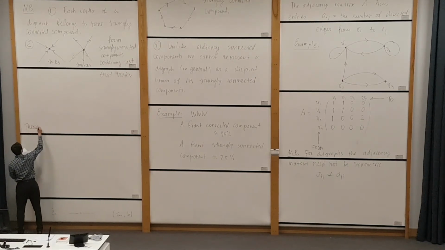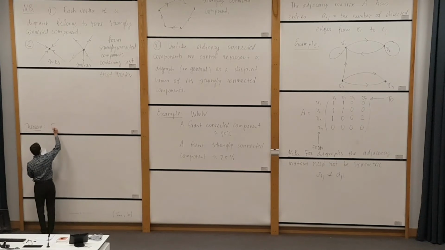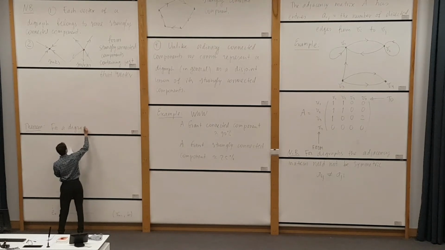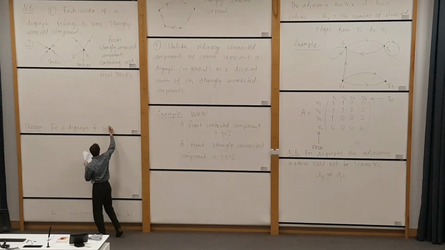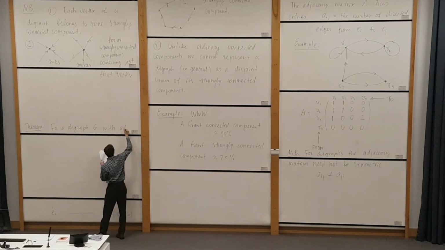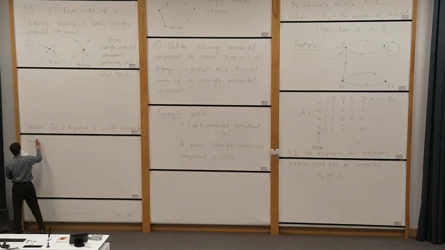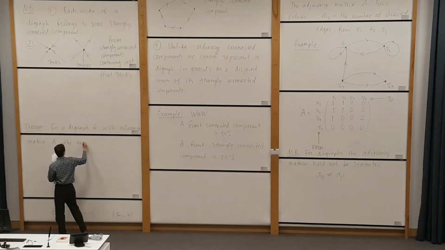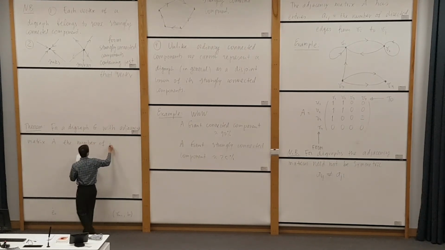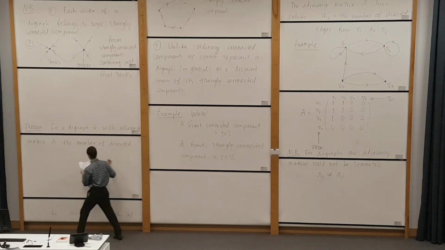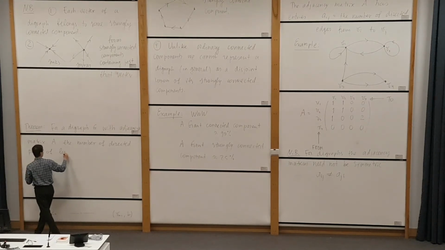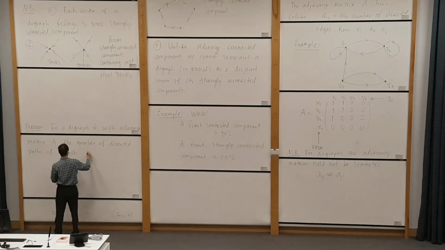Theorem: for a directed graph G with the adjacency matrix A, the number of directed paths of length m.